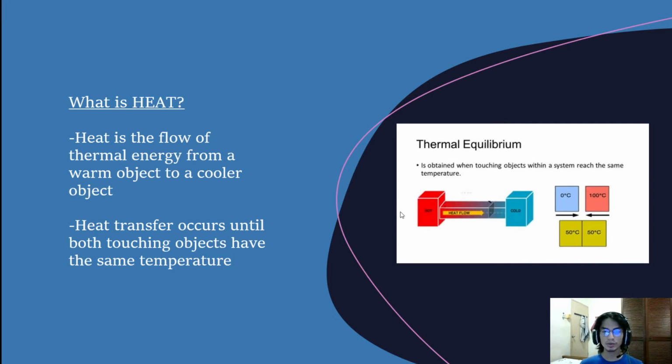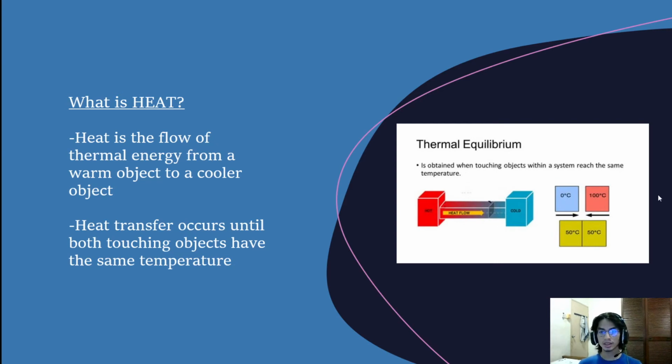Heat will flow from the hot object to the cooler object in the form of thermal energy. This heat flow will happen until both objects have the same temperature. This state is called thermal equilibrium. Thermal equilibrium is obtained when touching objects within a system reach the same temperature.